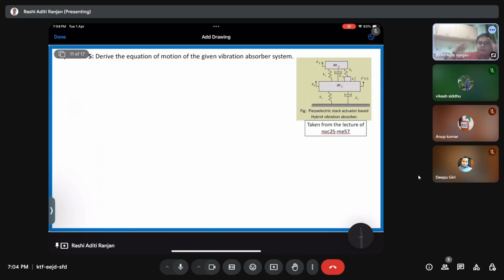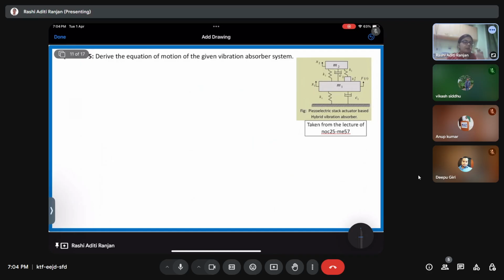For the passive case, we had a particular set of inherent properties because of which it was absorbing the vibration, right? Like we did in the previous problem, we found out that if my forcing frequency is equal to under root Ka by Ma, which is the natural frequency of just the absorber, then my system is going to have zero vibration despite having a forcing function, right?